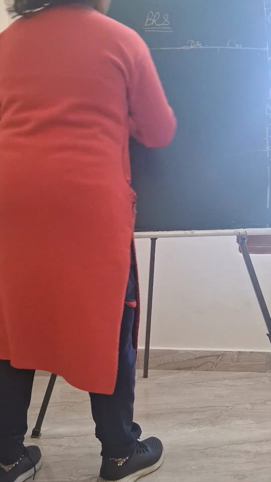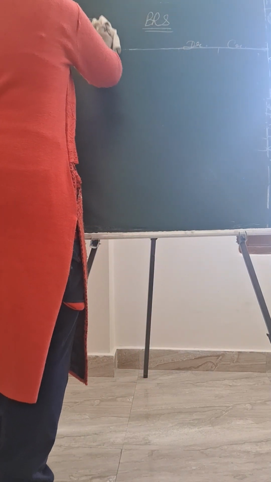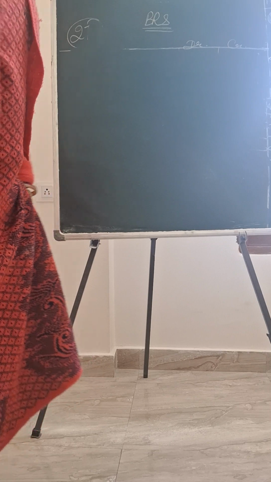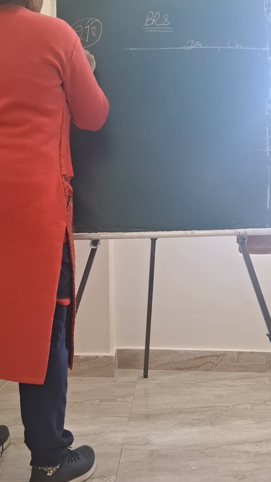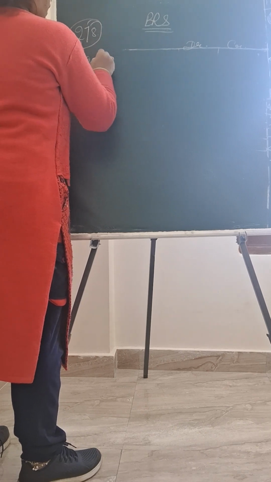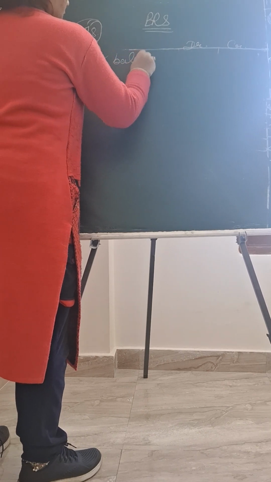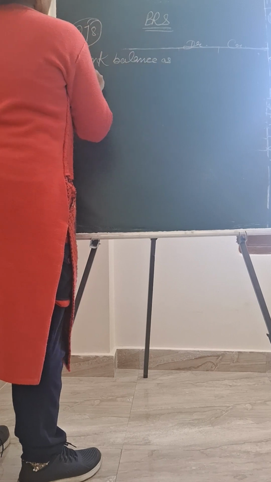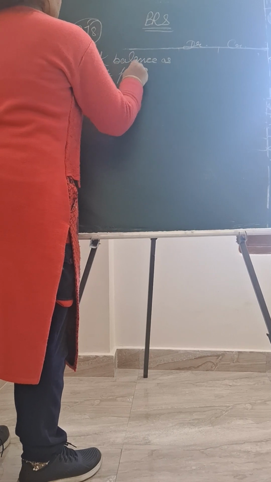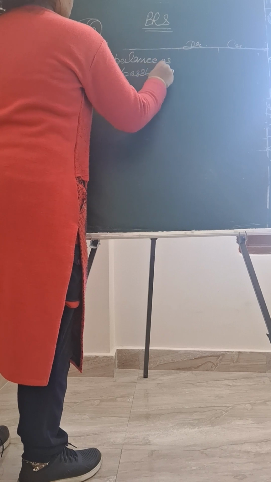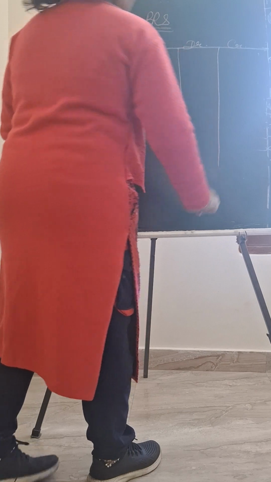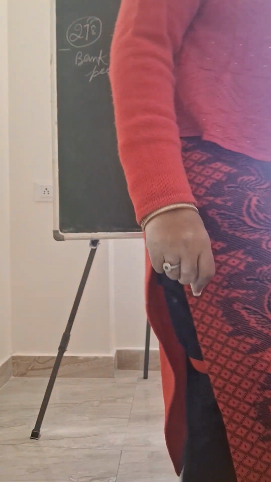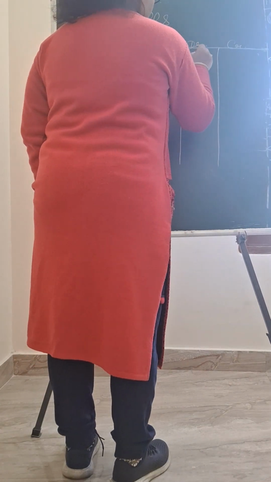Question number 278. Bank balance as per passbook. This is one thing we need to know. Bank balance as per passbook is how much? Rupees 570. So that is on the debit side.